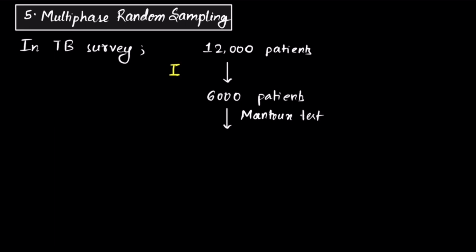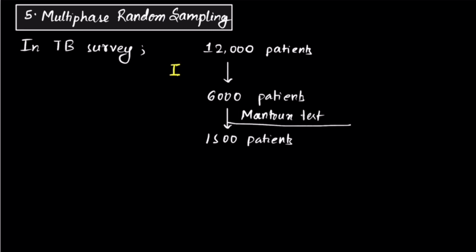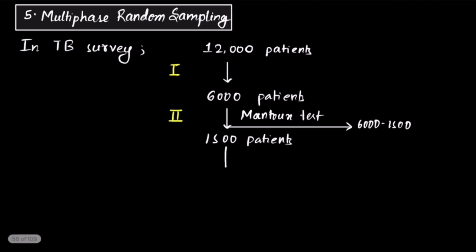Out of 6,000 patients, only 1,500 patients show a positive Mantoux test. The rest that show a negative Mantoux test, that is 6,000 minus 1,500, whatever comes out, is removed from the survey. This falls under the second phase.